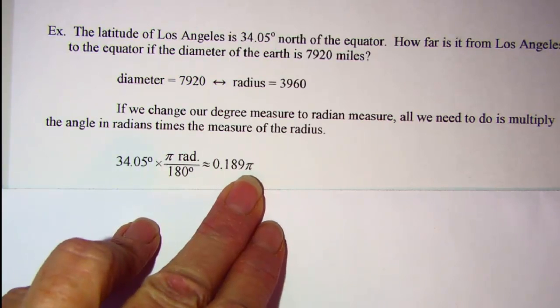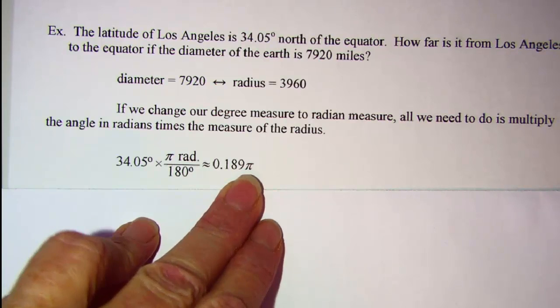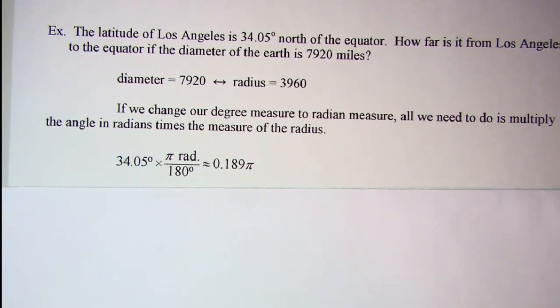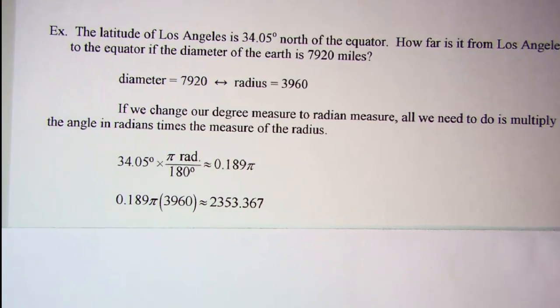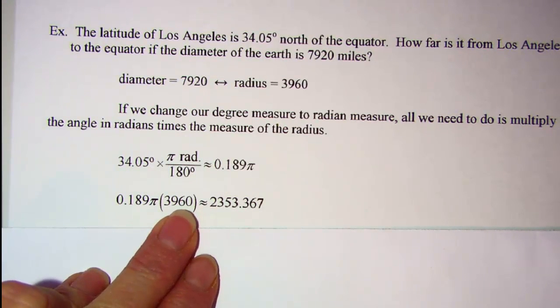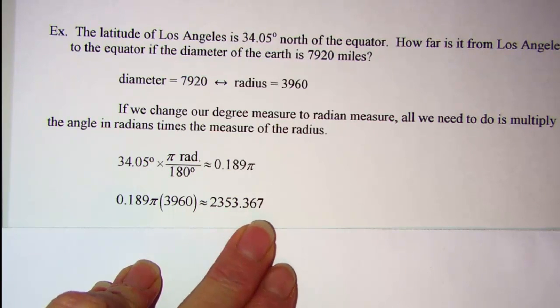So that gives us 0.189 pi. Now my angle is in radians, and all I need to do is multiply that angle measure, that radian measure, by the radius of the Earth, and I get 2,353.367.